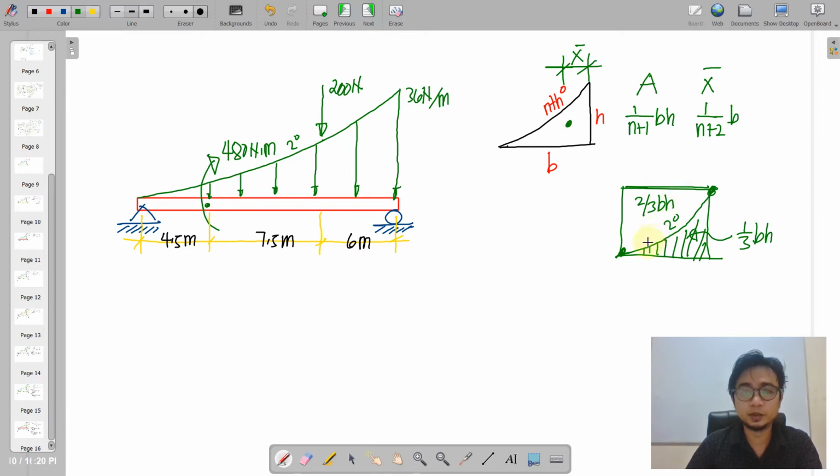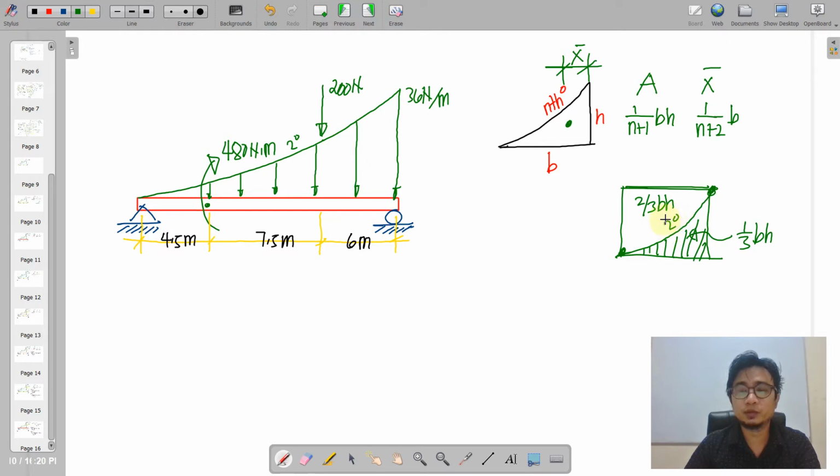So therefore, if you're dealing with a curve like this, the thinner one is 1/3, and the bulky area under this is 2/3 base times height, and so on and so forth.